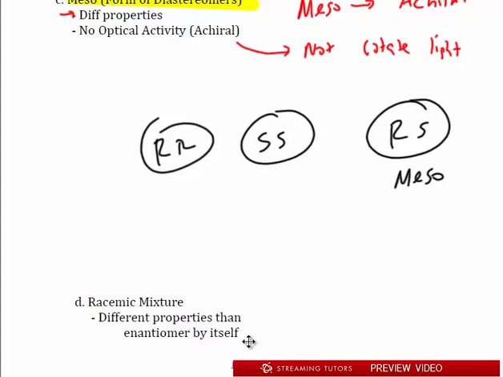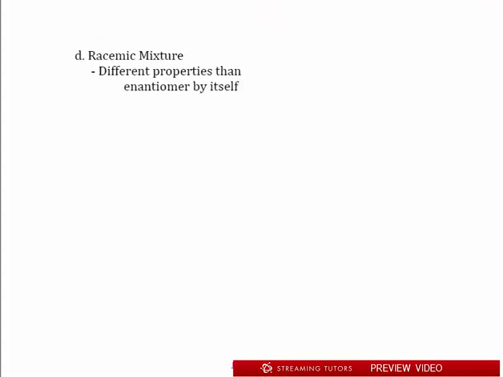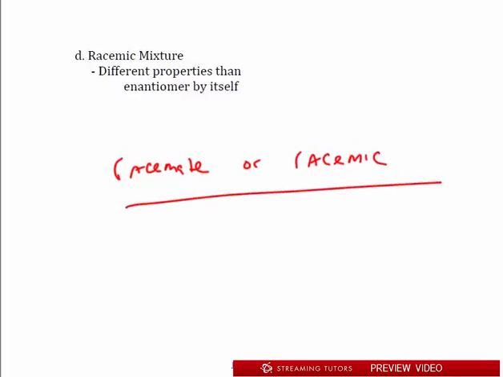Okay? All right. And then finally, the last way is what's called a racemic mixture. Racemic, or racemate, same thing, racemate or racemic. They mean the same thing. What it means is that you have a 50-50 mixture of enantiomers.